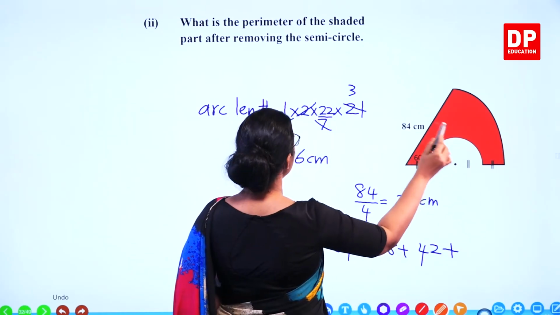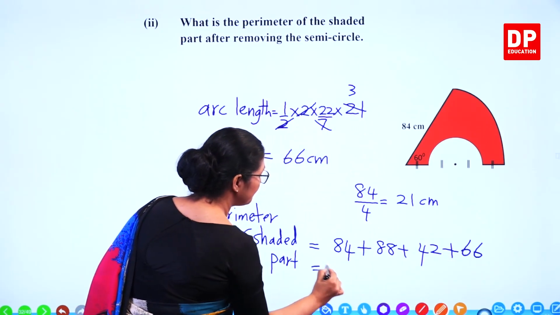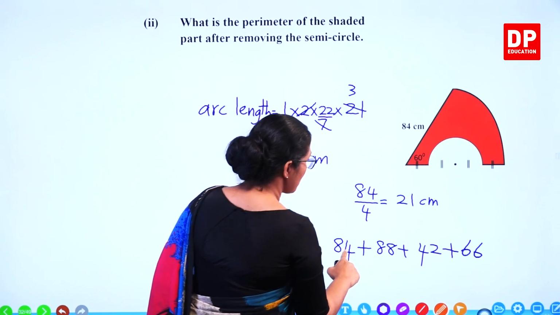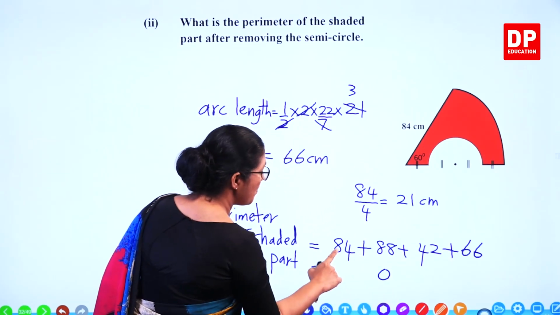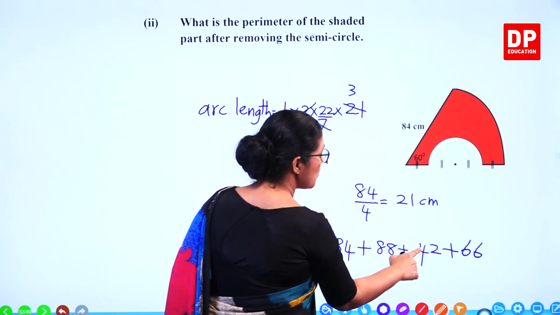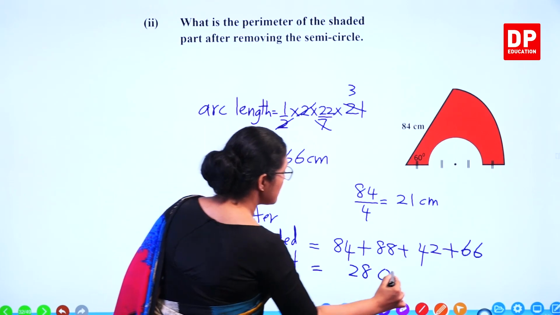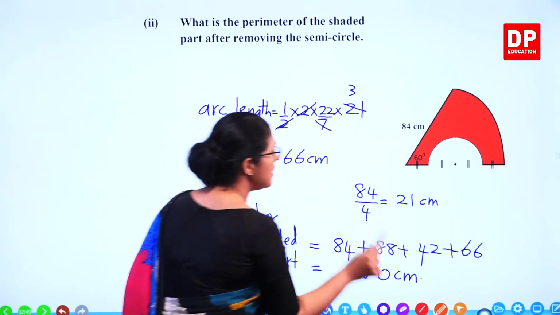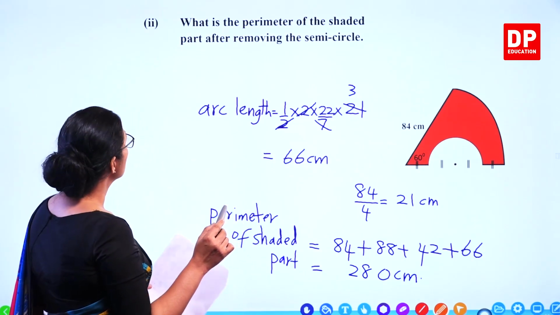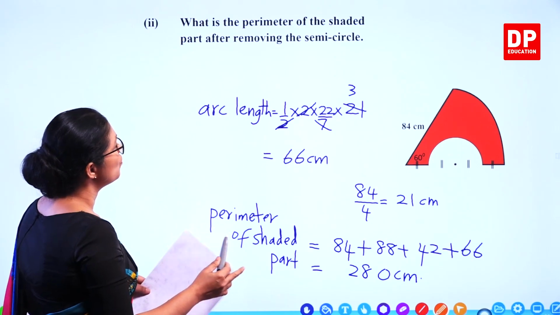And this arc length is 66. 6 plus 4, 10. 18, 20, 2 remaining. 10, 18, 20, 22, 28. 280 centimeters is the perimeter of the shaded region. So how many marks for this one? Another 2 marks.